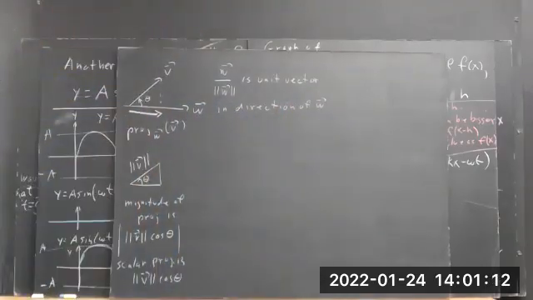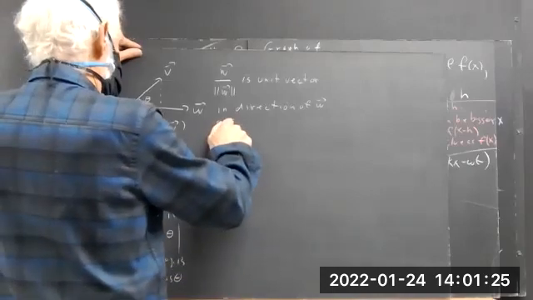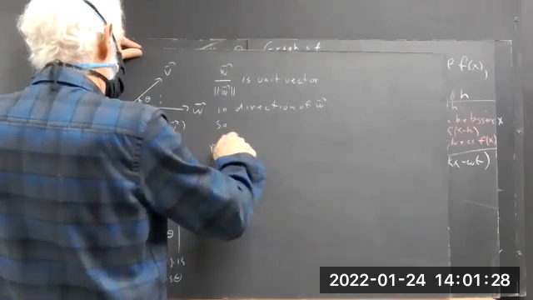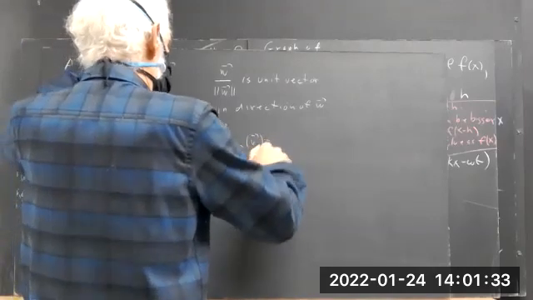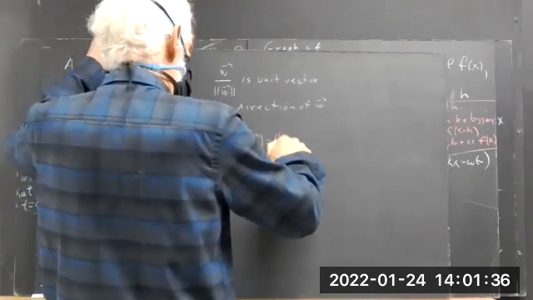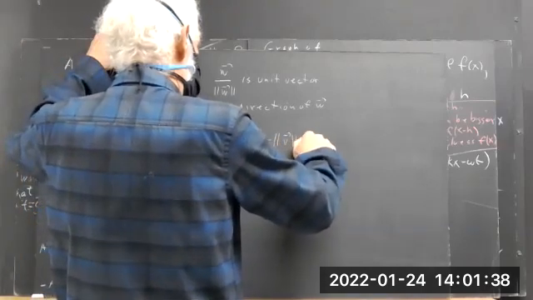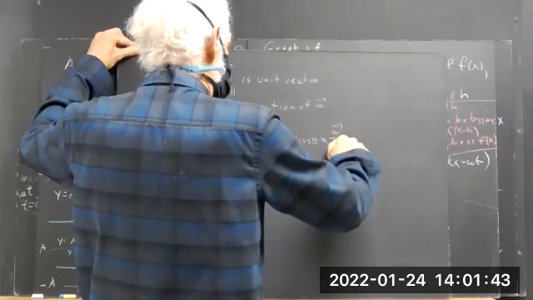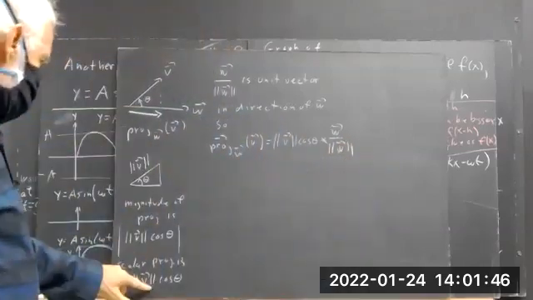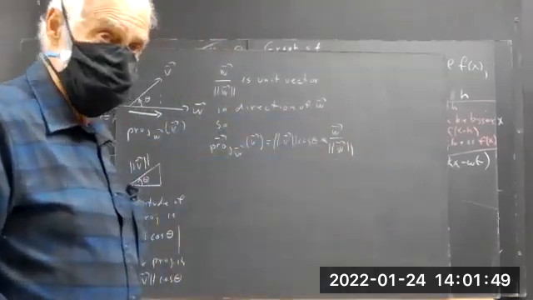W over magnitude of W is a unit vector in the direction of W, right? Okay, so you're going to multiply this magnitude of V cosine theta by the unit vector.